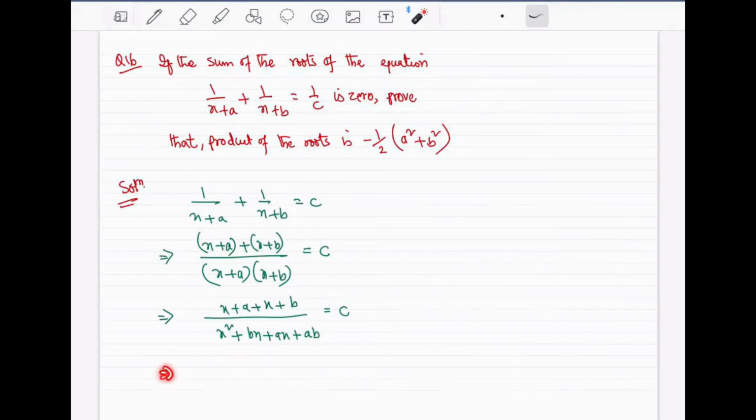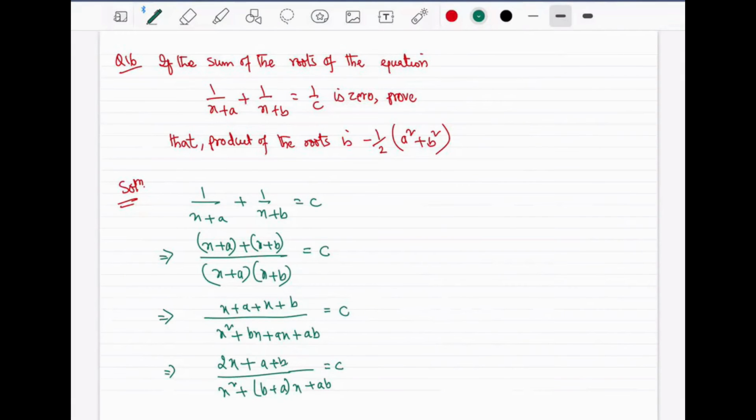So numerator, x plus x, we're getting twice x plus a plus b, by x squared plus, from these two we are taking out x common factor. What is remaining? B plus a, x plus ab is equal to c. Okay, cross multiplication.